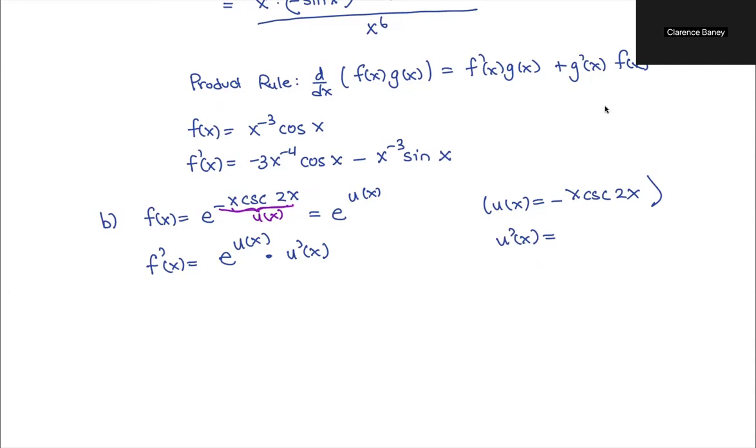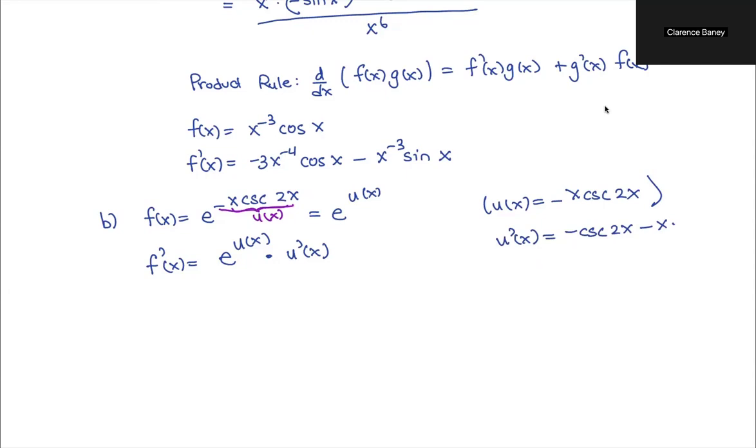So I'll have negative cosecant of 2x and then minus x. And when I take the derivative of the cosecant, remember that this is not just the cosecant of x, it's the cosecant of 2x. And so you will have to use the chain rule here as well.